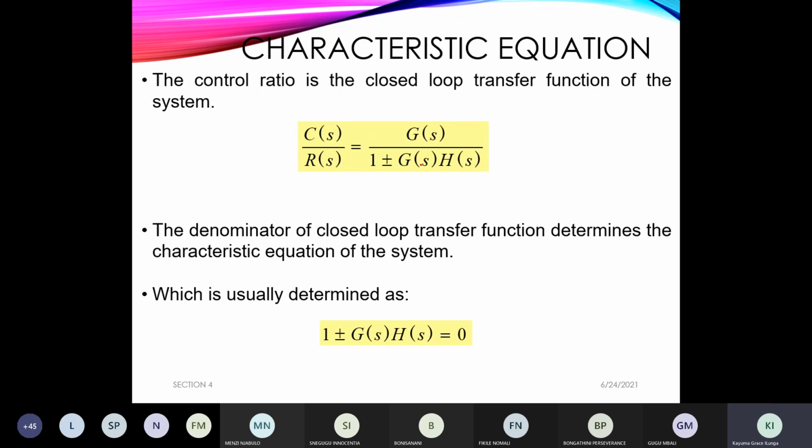So whenever they ask you to find the characteristic equation of a block diagram or feedback, first of all, you need to find the equivalent transfer function of the feedback system. Then after that, you will be able to write your characteristic equation, which is the denominator of the transfer function of the feedback.